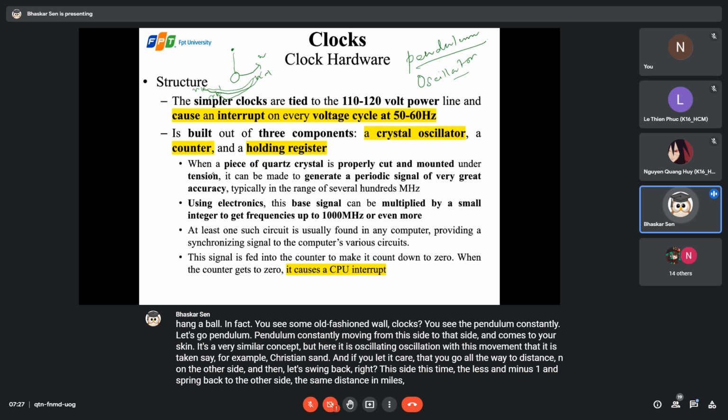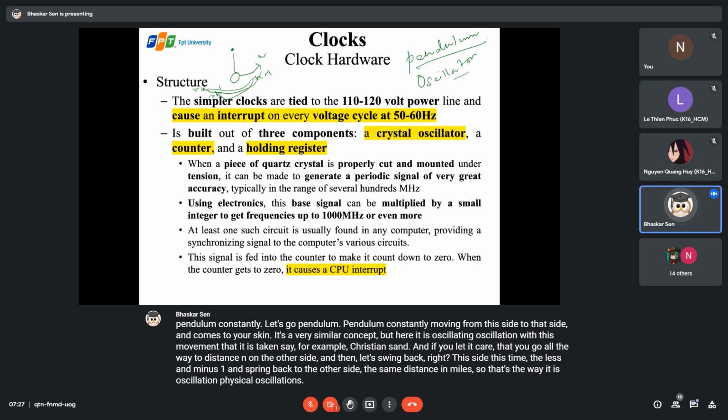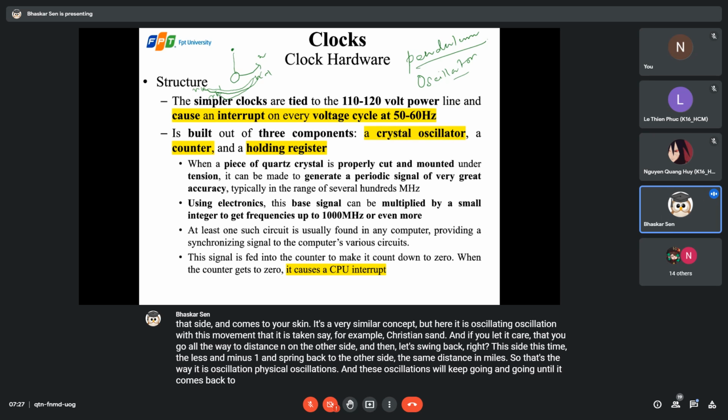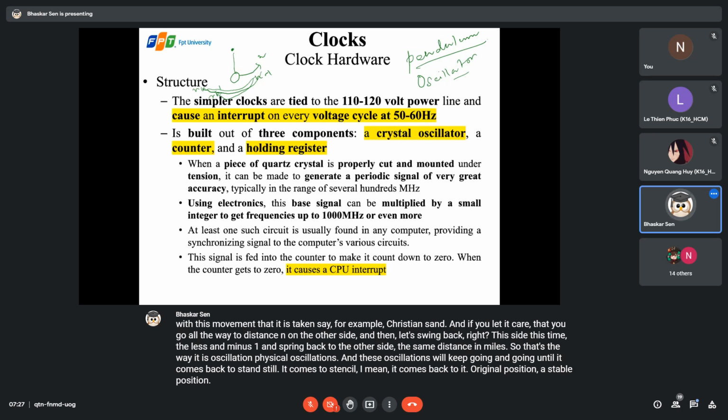These are called oscillations, and they will keep going until it comes back to a standstill, its original, stable position, where the displacement is 0. When it reaches there, it generates an interrupt.